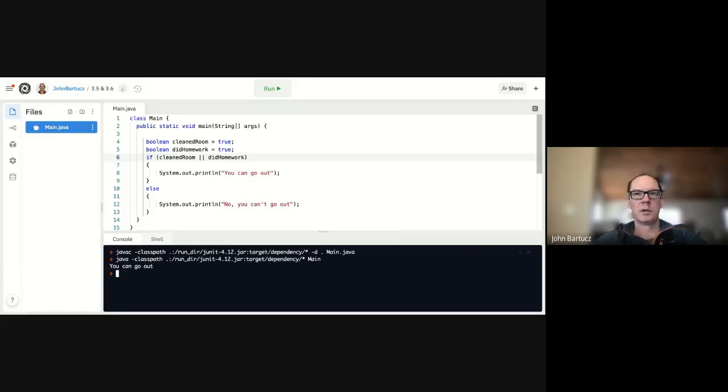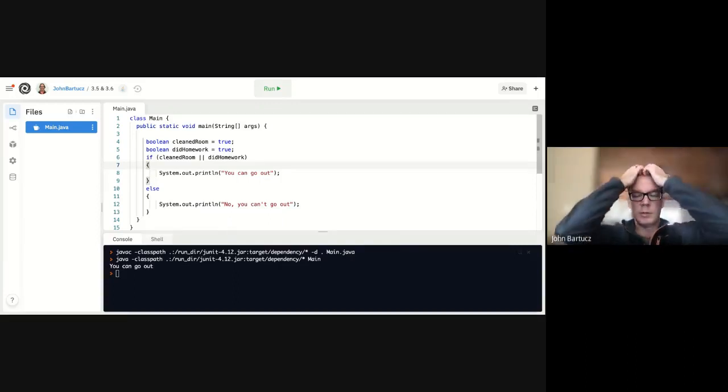You can't ride your bike and drive your car. That's exclusive or. But these two pipe symbols, which are above the slash on the right-hand side of your keyboard, shift slash will give you the pipe symbols, mean inclusive or, so either one can be true.